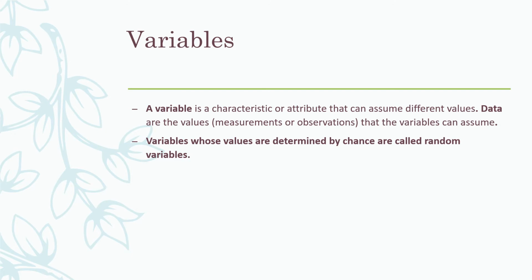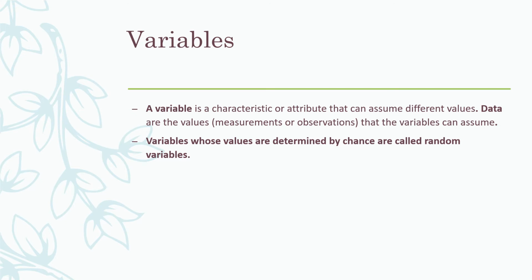Now you're going to hear a lot about random variables. These are variables whose values are determined by chance, meaning that the value we get entirely depends on the person, or the element of our population, that we collect the data from. If we're sticking with salaries, every time we approach a different person, we don't know what value they're going to give us for their starting salary.